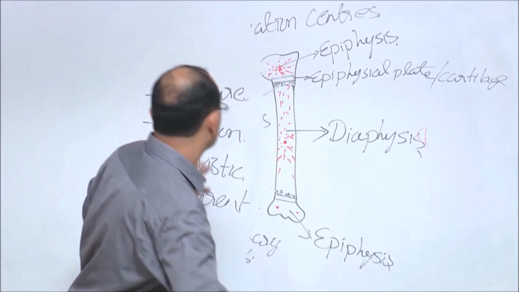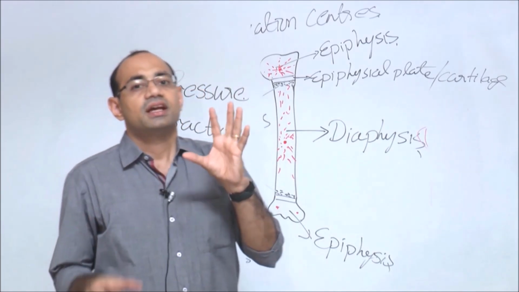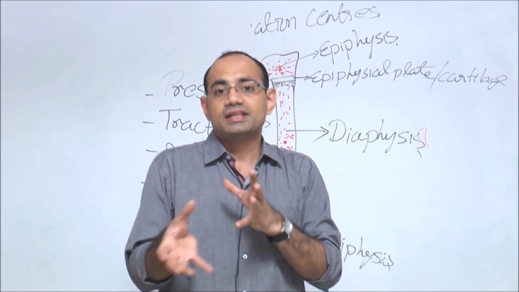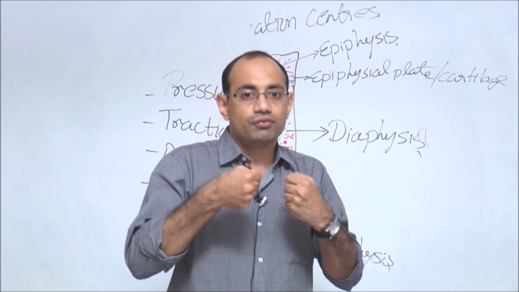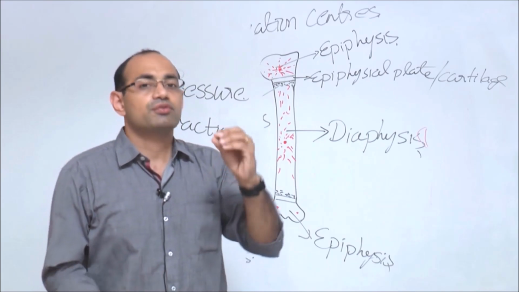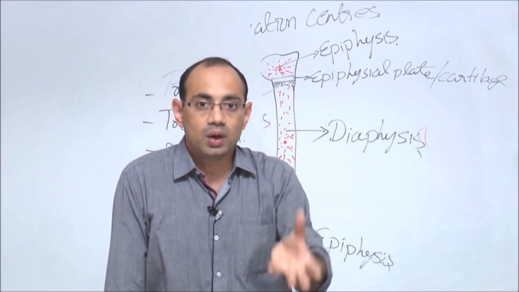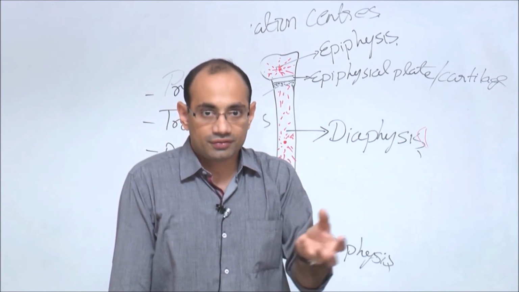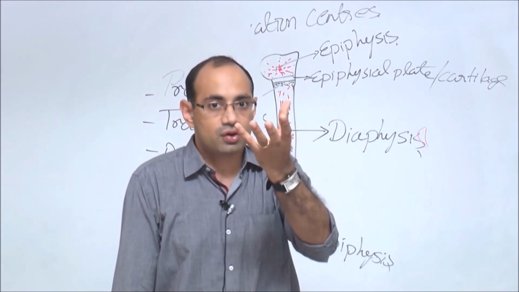You have pressure epiphyses. They are the epiphyses where there is weight transmission through those particular points. For example, in the lower limb, you know that at the lower end of the femur you have the condyles, and at the upper end of the tibia, again you have condyles.